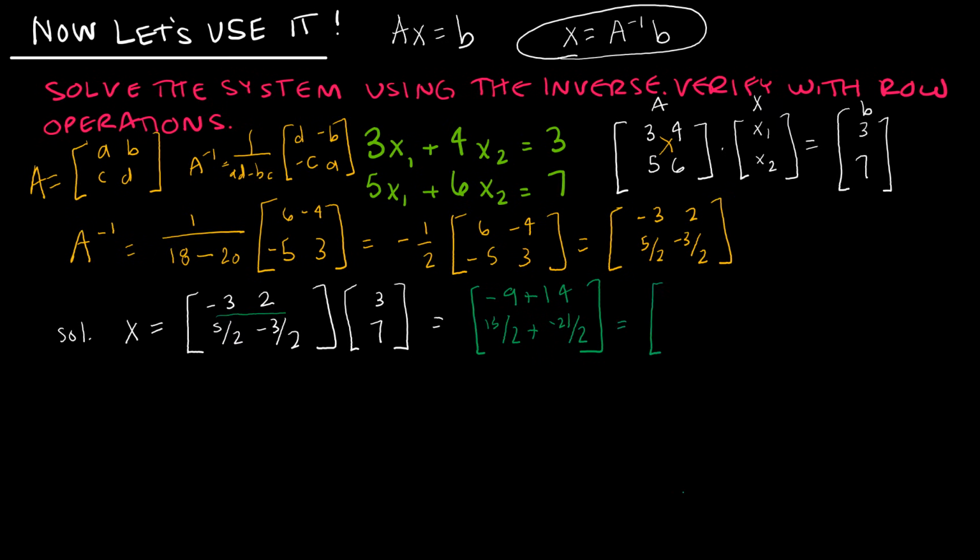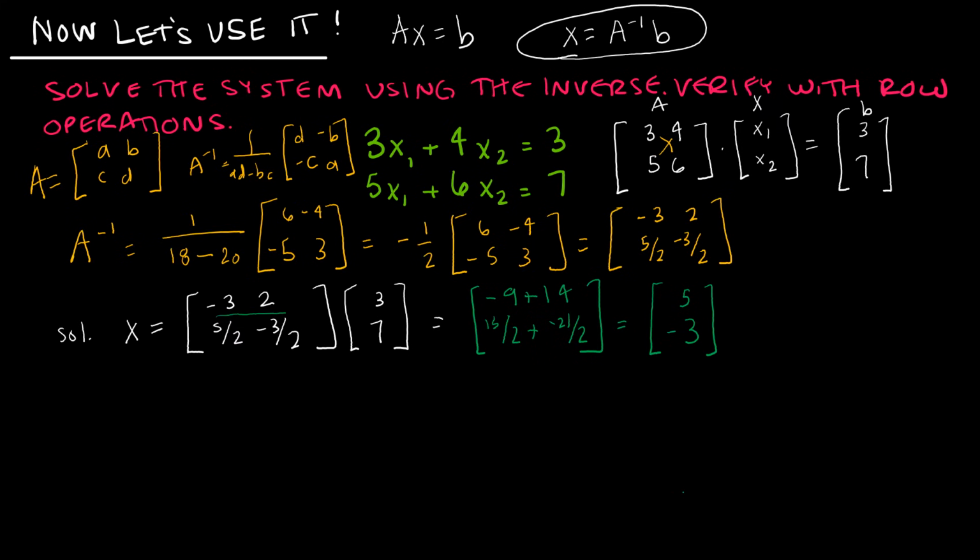If I simplify, negative 9 plus 14 is 5. And 15/2 plus negative 21/2 is negative 6/2 or negative 3. So that's my solution to the system. If they said solve the system, I could be done right there. Keep in mind, I didn't show that I multiplied each side by A inverse, but I don't have to do that because of Theorem 5.